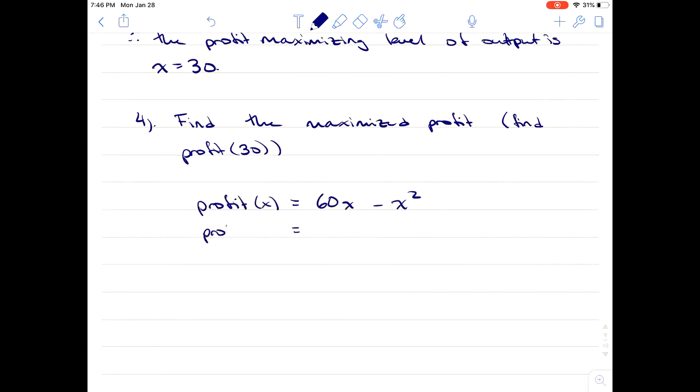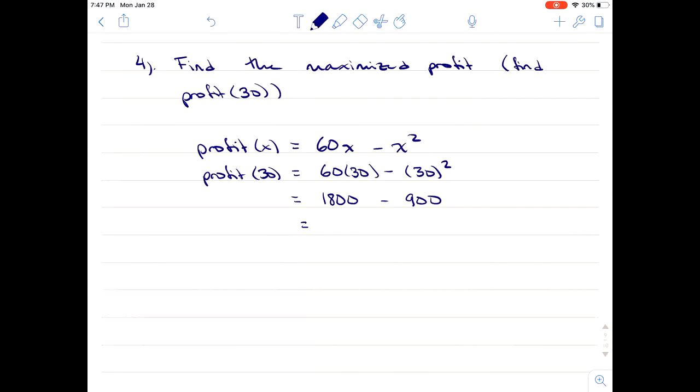So the profit at x equal to 30 is 60 times 30 minus 30 squared, which is, I'm just going to double check this, 1800. 60 times 30 is in fact 1800, minus 30 squared is 900. 1800 minus 900 is 900.